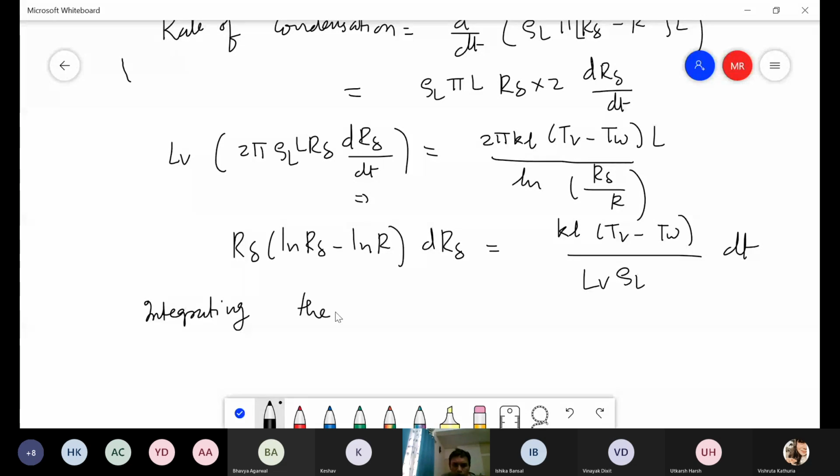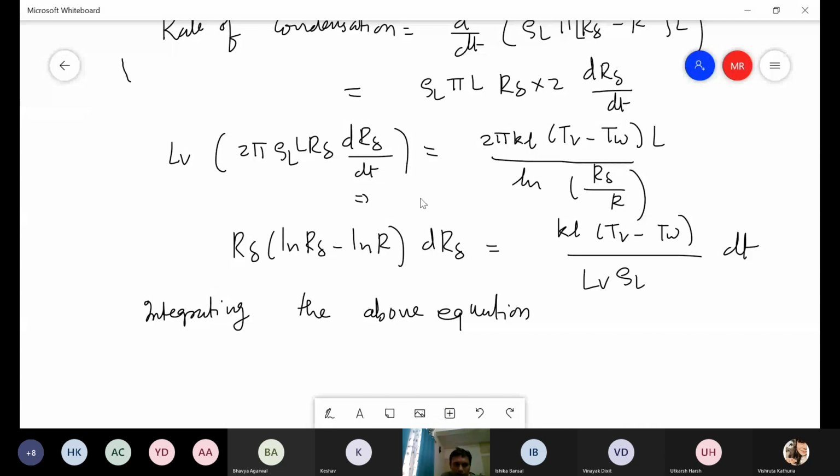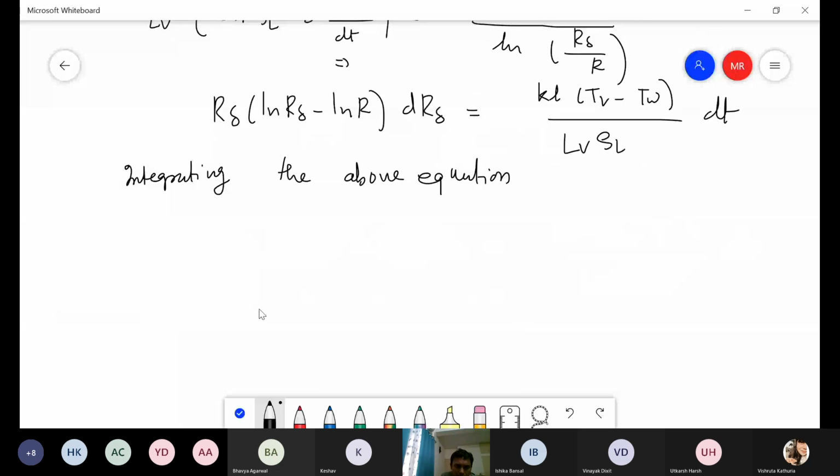What we are expected to get, I am writing down the expression here: ln r delta into r delta square by 2.